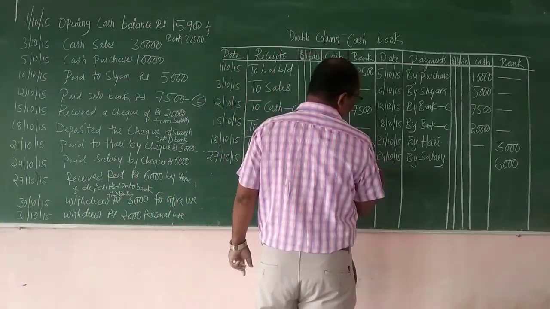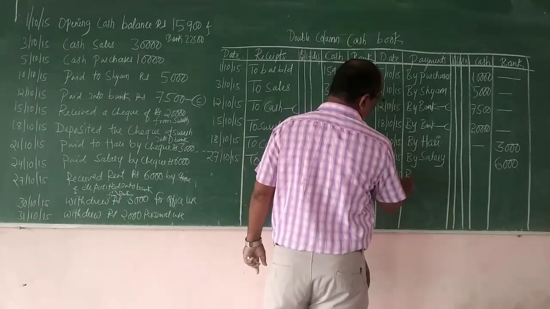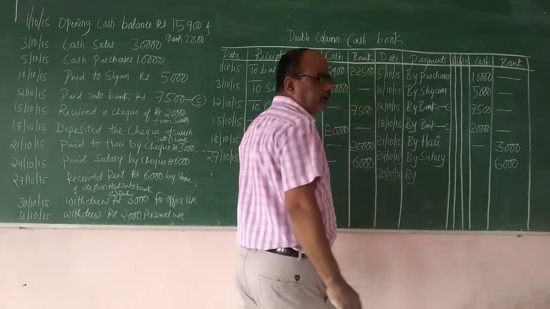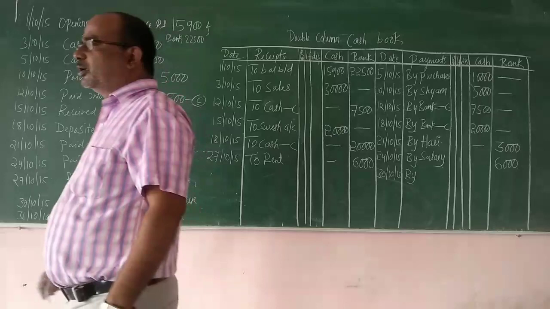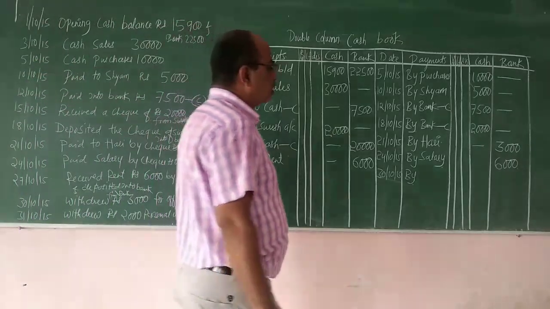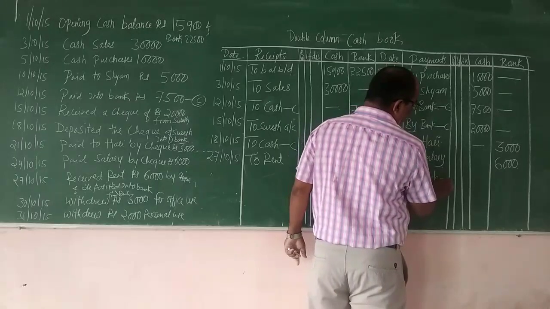On 30/10/2015, by, you will not write here drawings because this is not withdrawn for personal use. It is withdrawn, so it will be a payment for bank and receipt for cash.